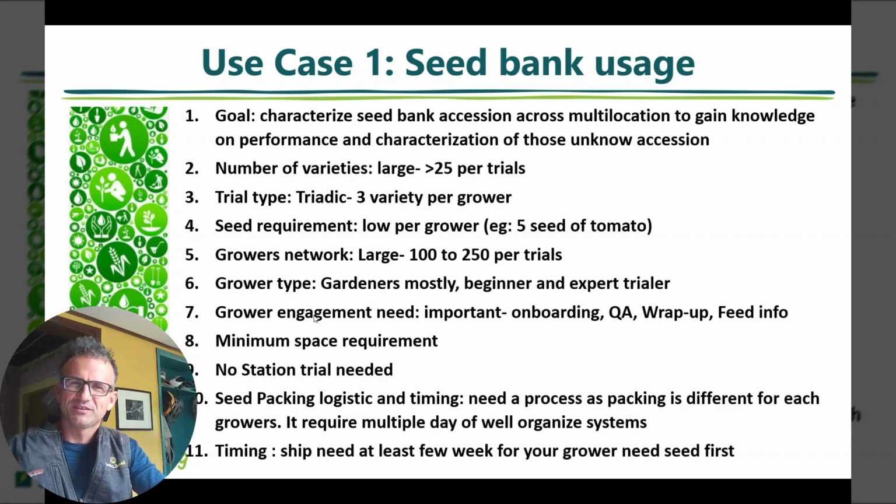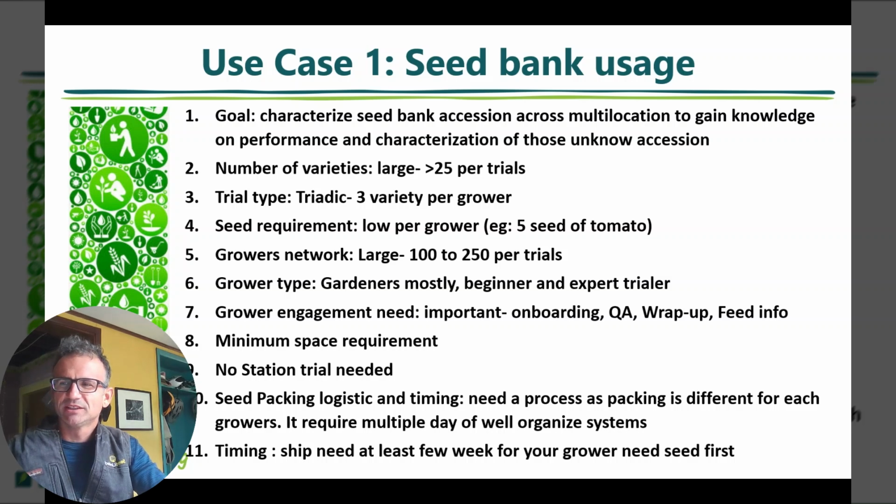Grower engagement is important. Engage well, give them good information, do onboarding, wrap up, webinar. You really require minimum space for them. We don't need to do a parallel trial station to validate data. The seed packing is the biggest logistic because of the subset trial nature of having subsets of a large set.